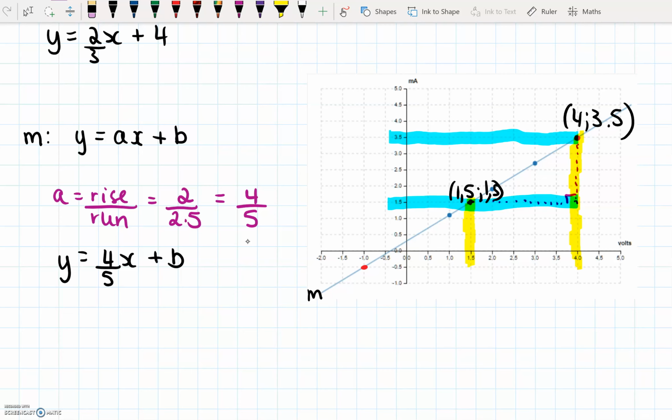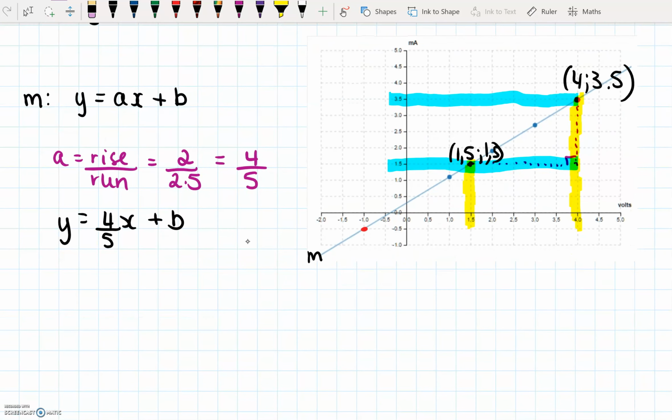Now, I always like to go with things that result in fewer decimals, so I think I'm going to go with the one on the right, 4, 3.5. All right, so we're going to say this is going through 4, 3.5. So we know in this case that 4 and 3.5 represent an x and a y value.